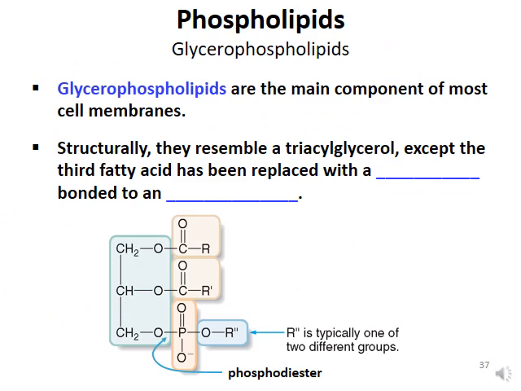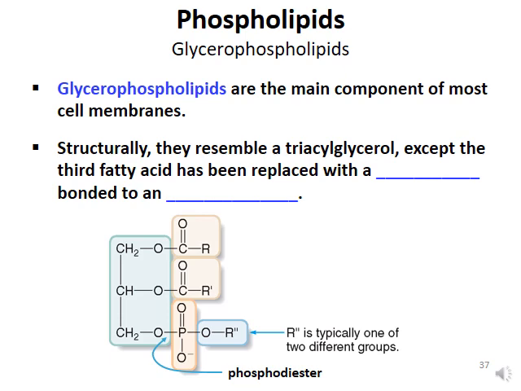Glycerophospholipids are the main component of most cell membranes. Gee, I guess that's important, isn't it? There you go. So now we're getting even deeper into biochemistry. This is why we're studying this.